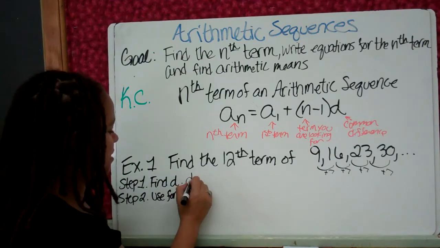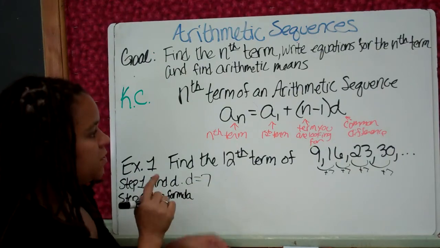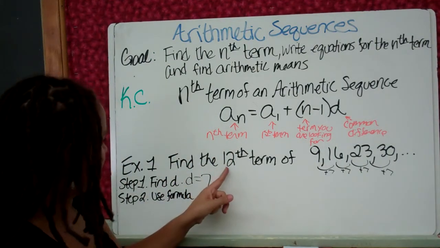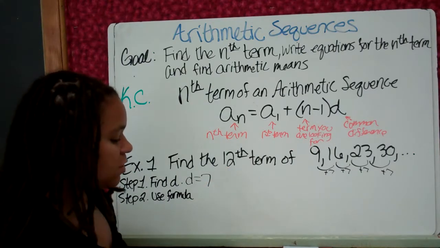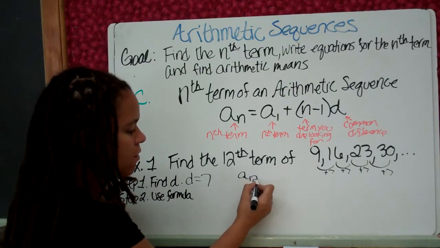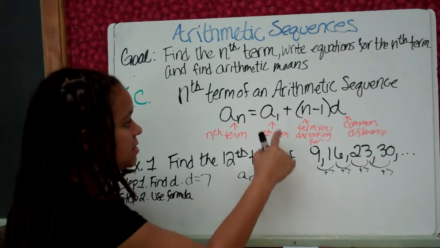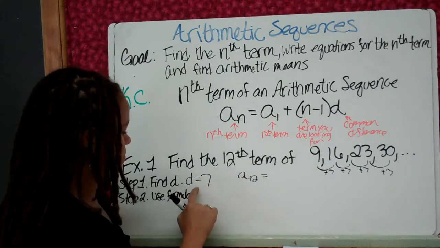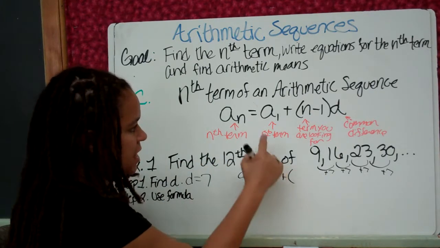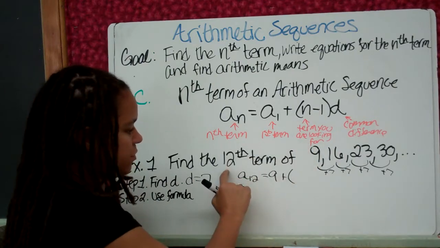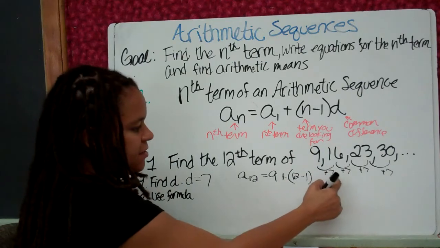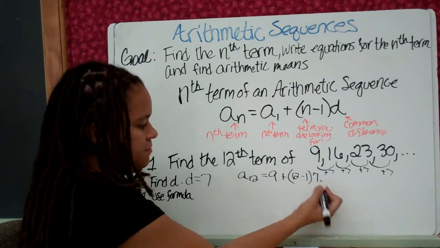So I know that d is equal to 7, and now I'm going to use the formula. I'm looking for a sub 12 because it says find the 12th term. So that's what n is going to be, 12. So a sub 12 is equal to a sub 1, the first term, which is 9, plus n, that's the term I'm looking for, the 12th, 12 minus 1, times d, the common difference.